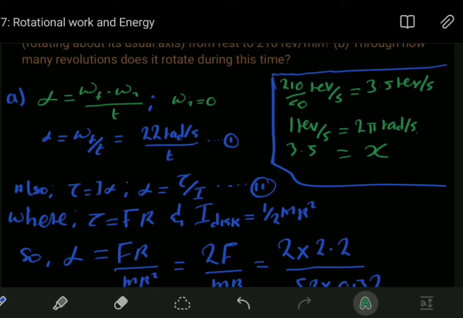We know that angular acceleration equals, the initial was 0, so we remain with the final over the time, giving us 22 radians per second over t. So we don't know what t is. It's the one we're looking for, so we're going to pause here and we remain with equation 1 for now. So we have that alpha equals 22 radians per second over t.